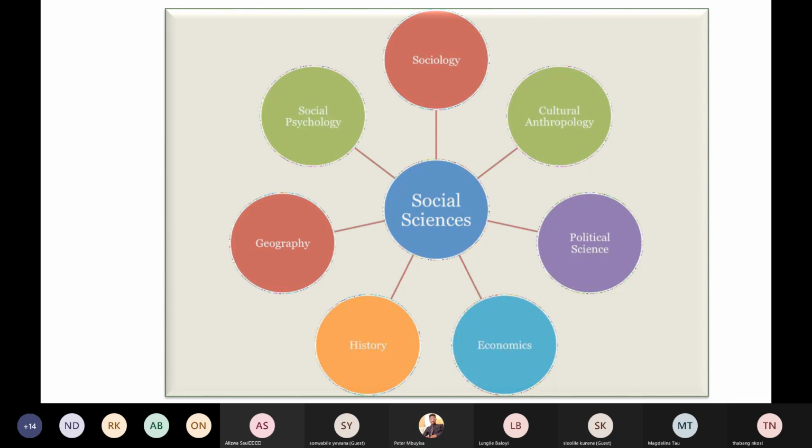Okay. So now, if you look at all that chart, it shows you studies in the social sciences, and sociology is part of them.